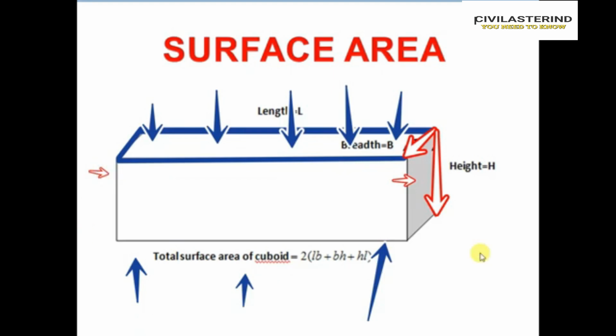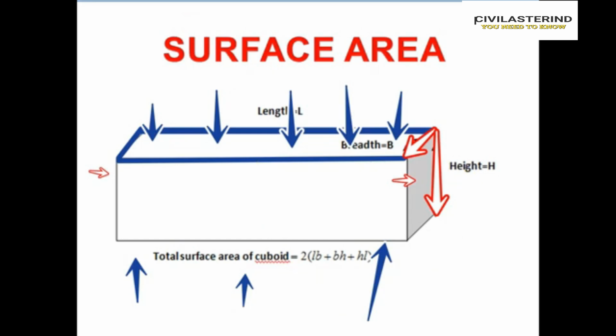Similarly, you have your height into length. This is the length and this is your height. The same surface comes here and same surface comes behind as well. So it becomes into 2 again.